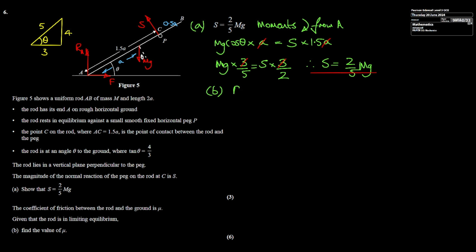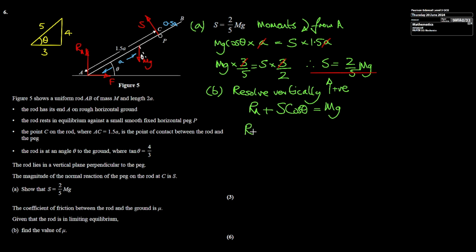Okay, resolve vertically. Pointing directly upwards, RA plus S, and we have to turn that through a value of theta, so we multiply it by cos theta. And that is equal to the only force going downwards, mg. We know S and we know cos theta, so let's put those in.